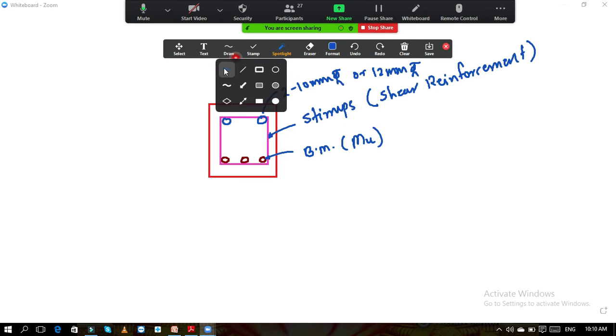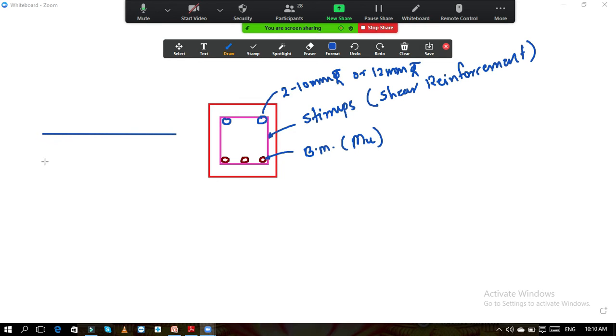If you know the diagram, suppose I draw this beam here, and suppose these are the supports of the beam. Under the loading condition, suppose arbitrary loading is acting on the beam.